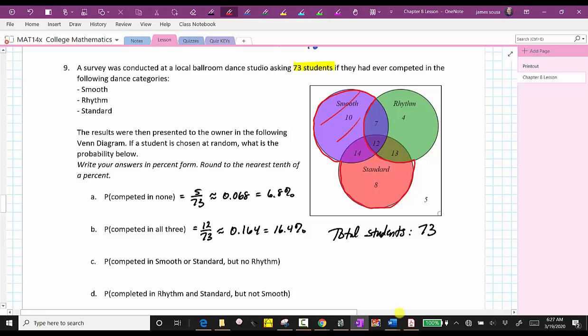So we're looking at this set here, and notice how there's a total of 10 plus 14 plus 8 students that competed in smooth or standard but not rhythm. 10 plus 14 plus 8 is equal to 32. There are 32 favorable outcomes out of a total of 73. 32 divided by 73.